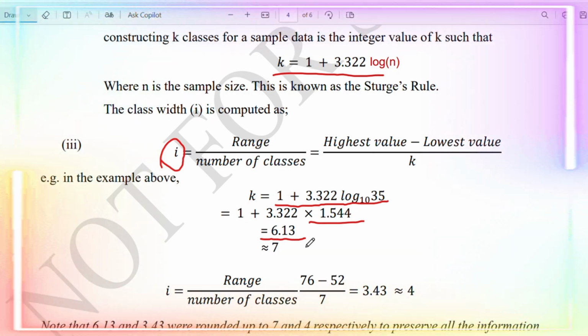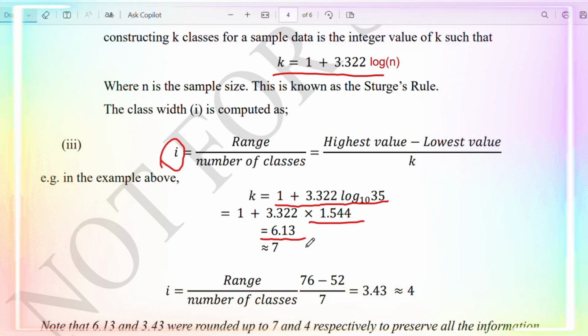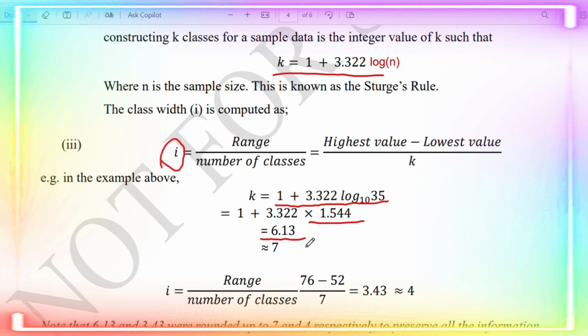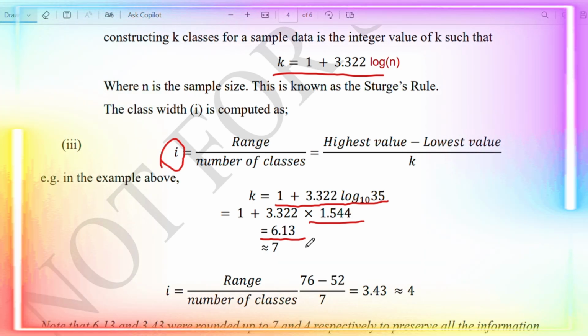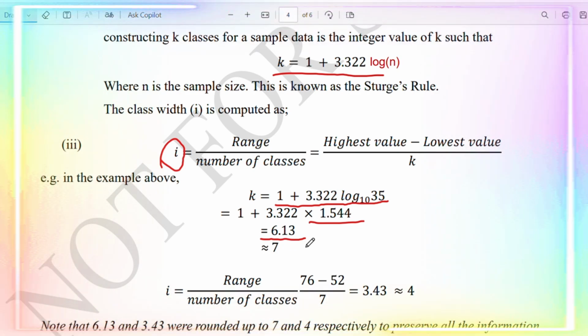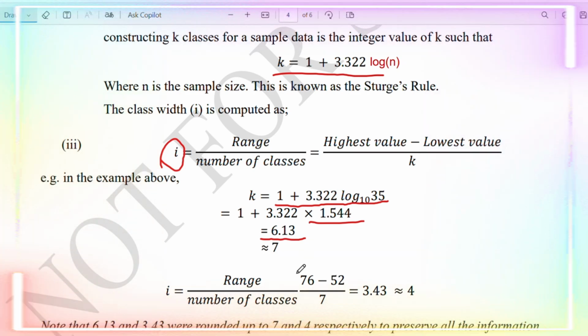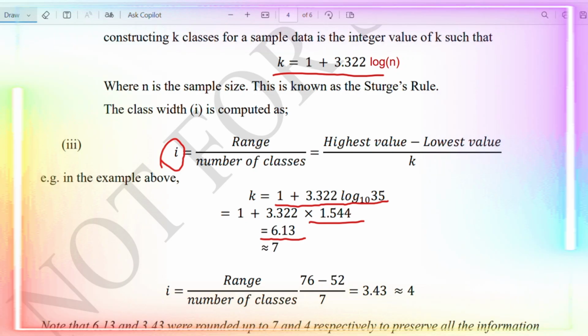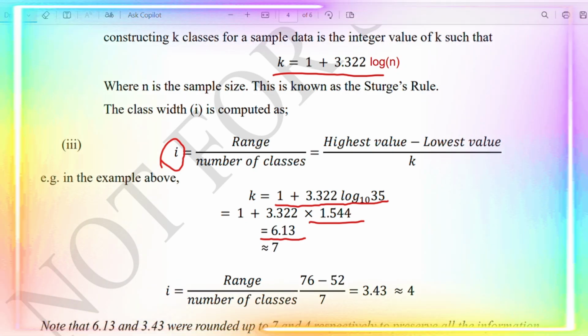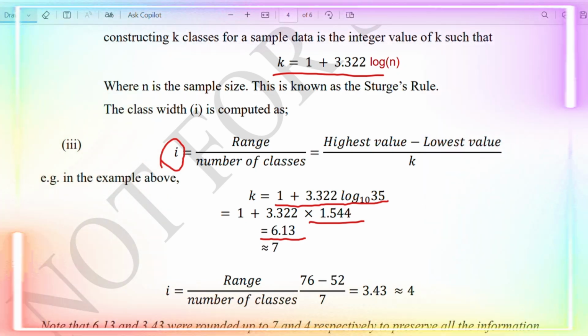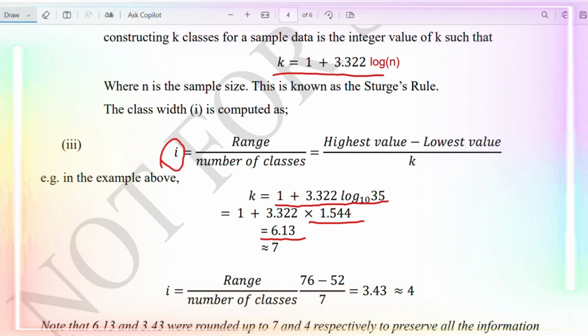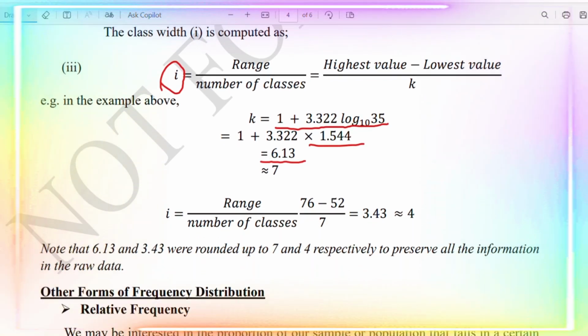But in this case, as I've mentioned, we don't want to lose any information, so we are approximating it to cover all the observations that we have. So note that 6.13 and 3.43 were rounded up to 7 and 4 respectively to preserve all information in the raw data.